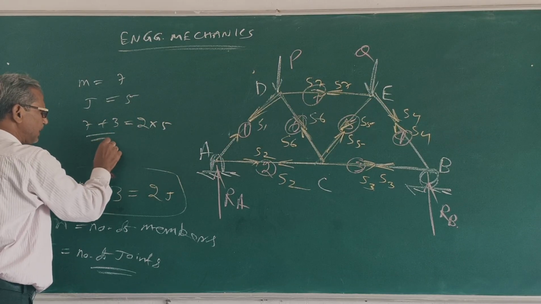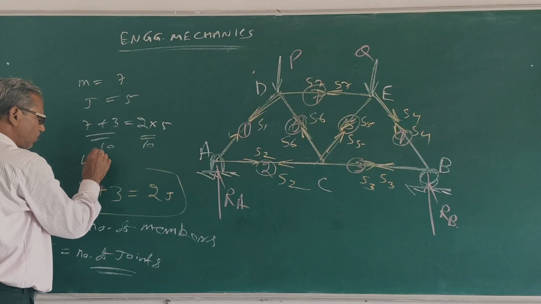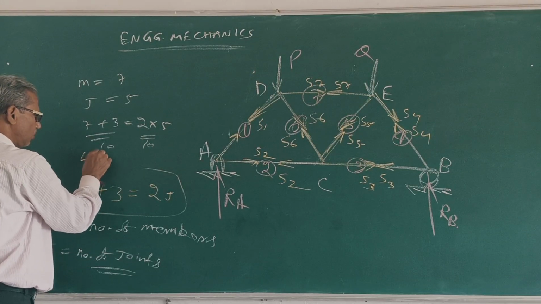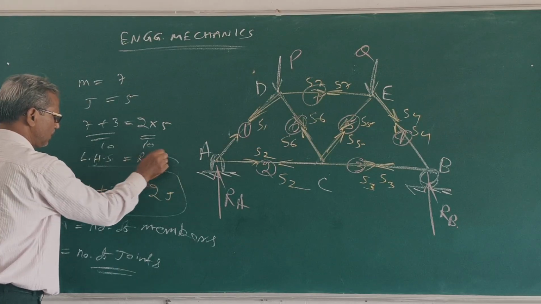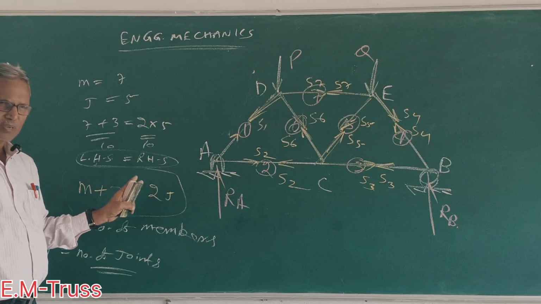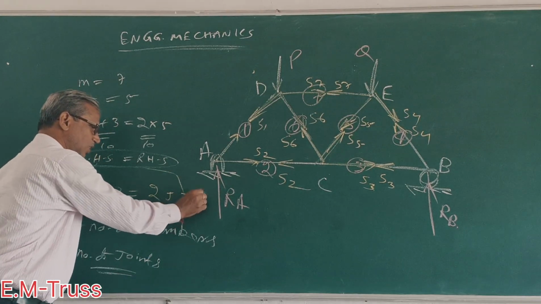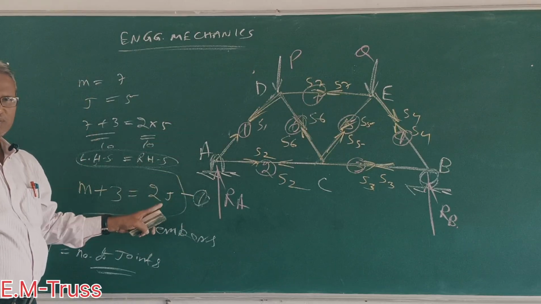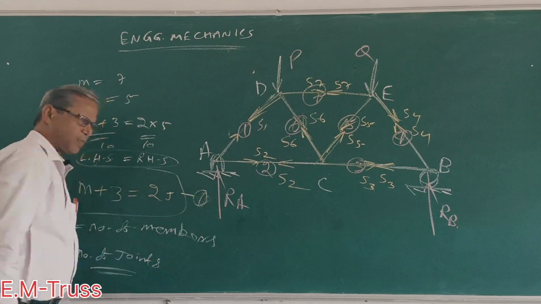So this is 10, this is 10. Clear? So LHS is equal to RHS. So this is a rigid perfect truss because it satisfies this equation.